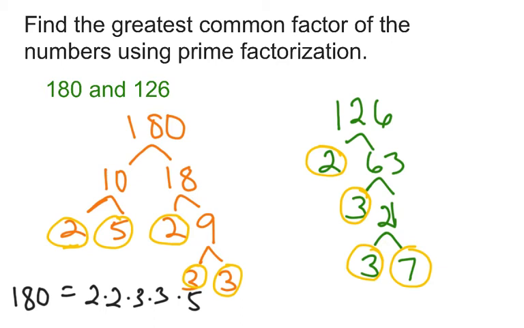And I have 126, and I'm actually going to not put this in exponential form, just so that I can point out the common factors. So I have 2 times 3 times 3 times 7. Remember, we can use those dots to represent multiplication as well. So then I need to look for common factors.